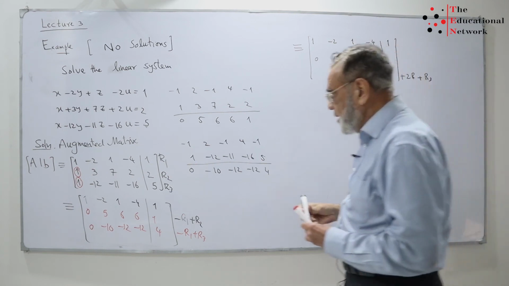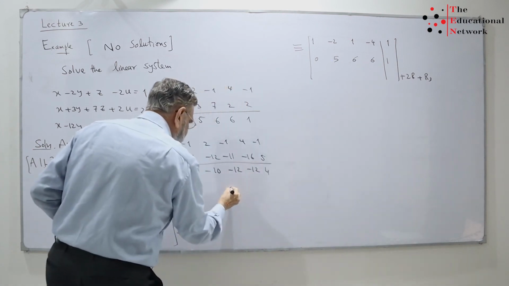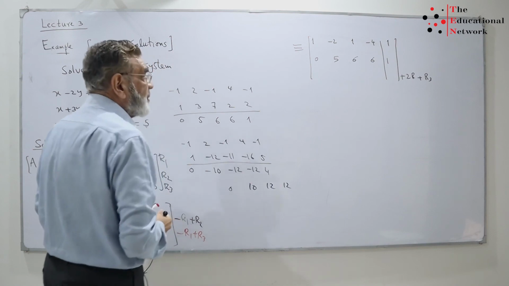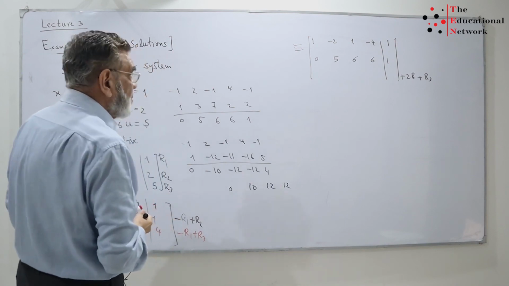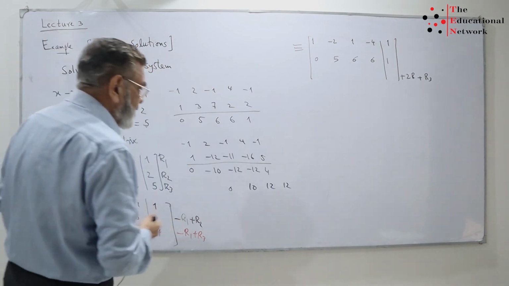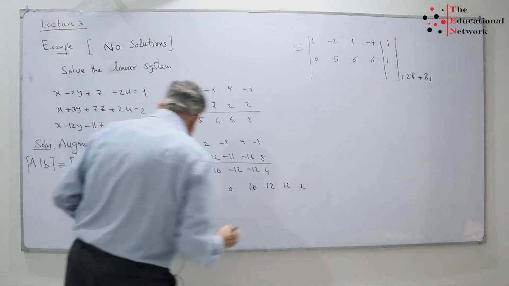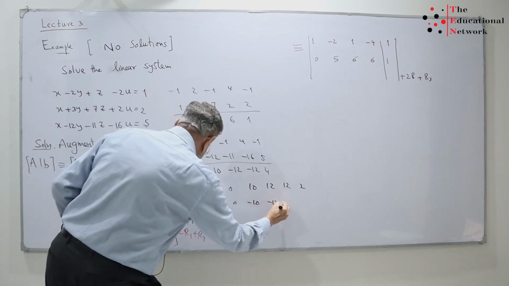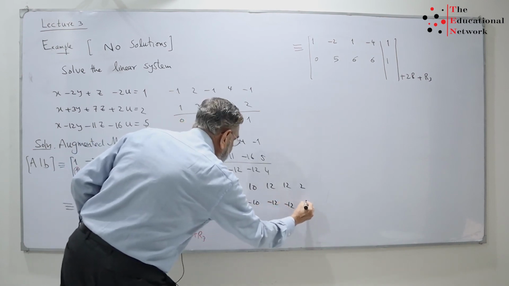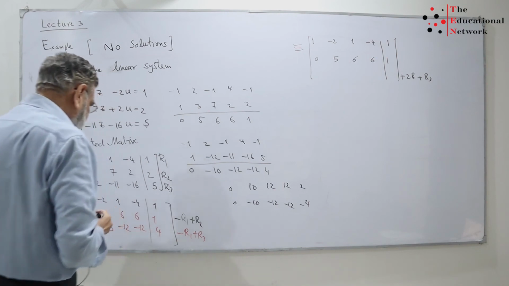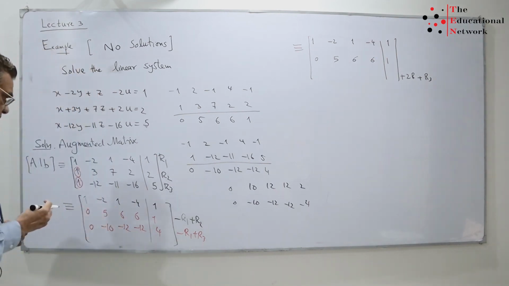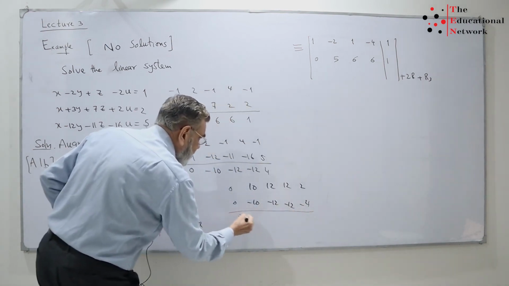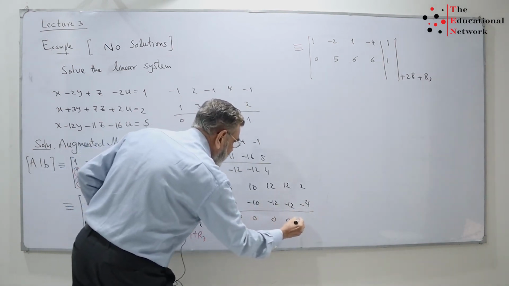When row 2 is multiplied by 2, we get 0, 10, 12, 12, and 2. My row 3 is 0, minus 10, minus 12, minus 12, and 4. We just add them. We get 0, 0, 0, 0, and minus 2.